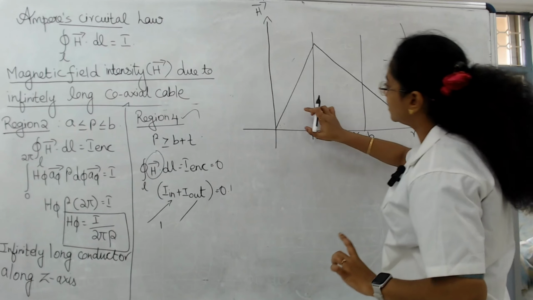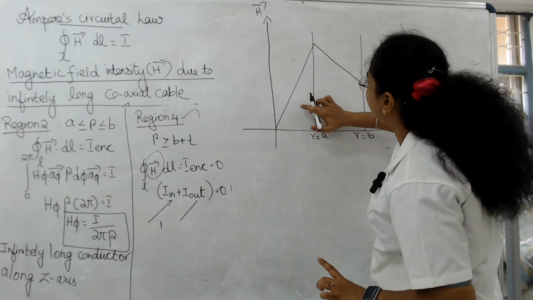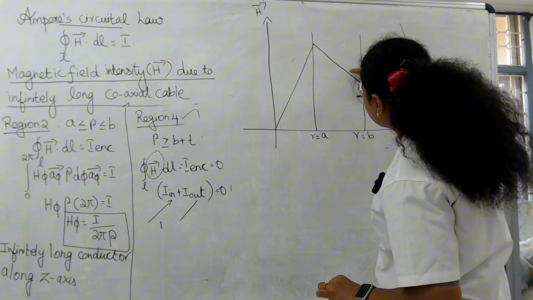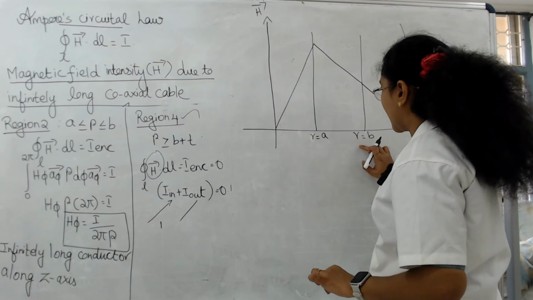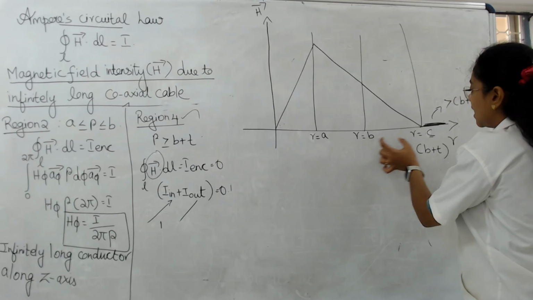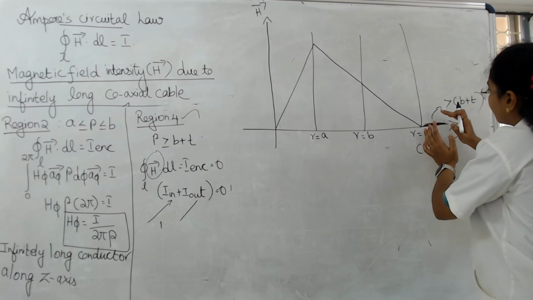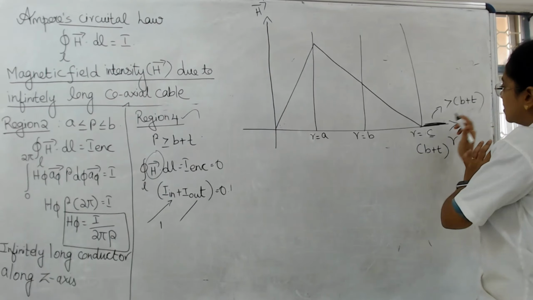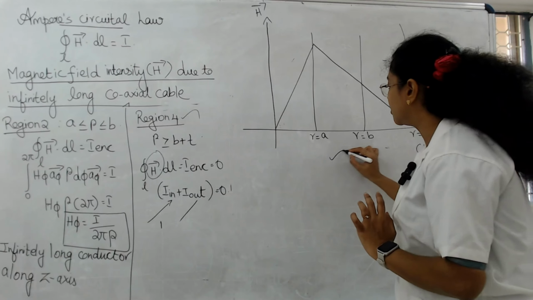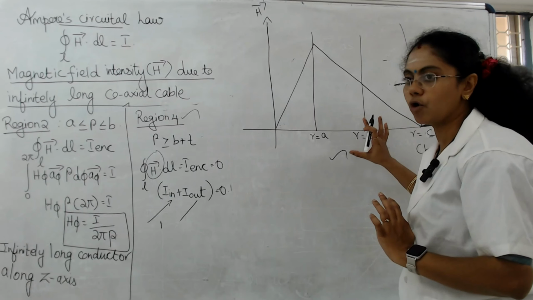The magnetic field intensity will be high near the core and it will start decreasing in the region between the core and the cladding. Further, it will decrease in the region between b and b plus t, and for the radius greater than b plus t, magnetic field intensity will become 0. So this interpretation you have to finally make and you have to plot this graph.